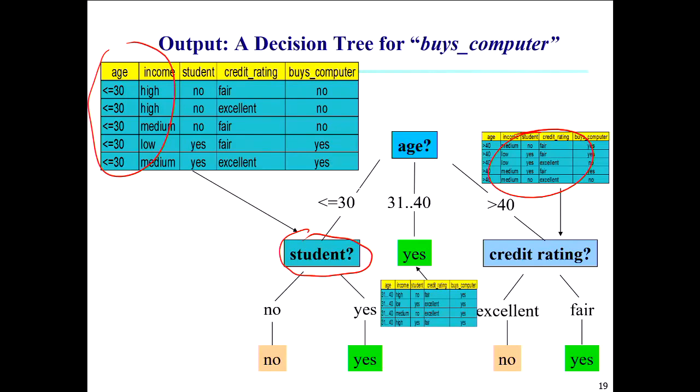The second observation is that each node can be viewed as the root of a subtree.